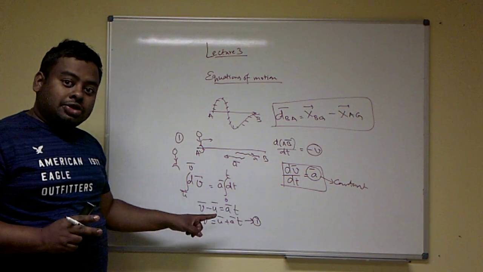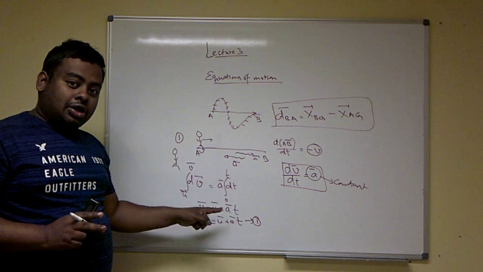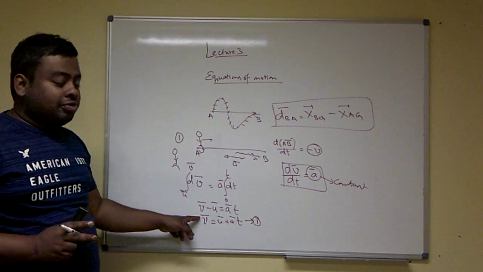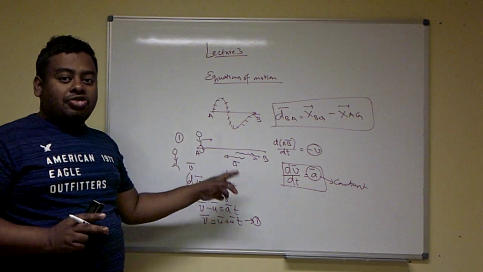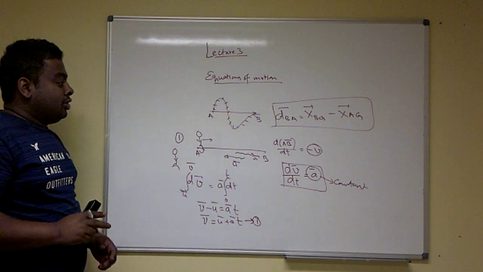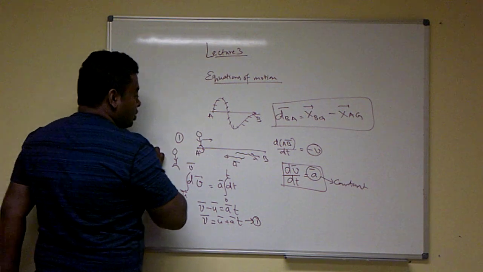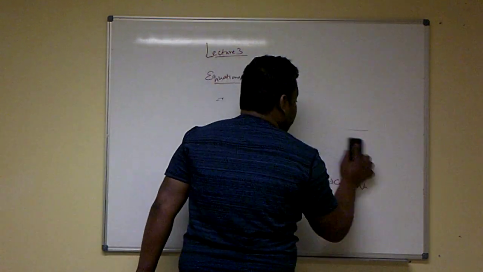This u vector is the initial velocity, and this v vector is the final velocity. All right. Okay, so now let's go to the second equation of motion over here.